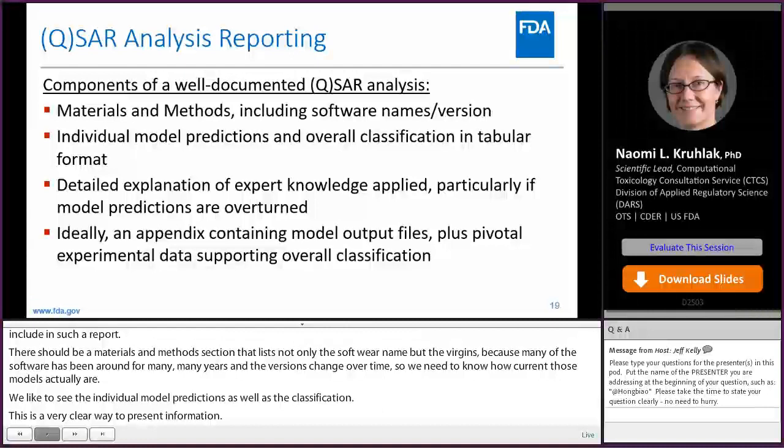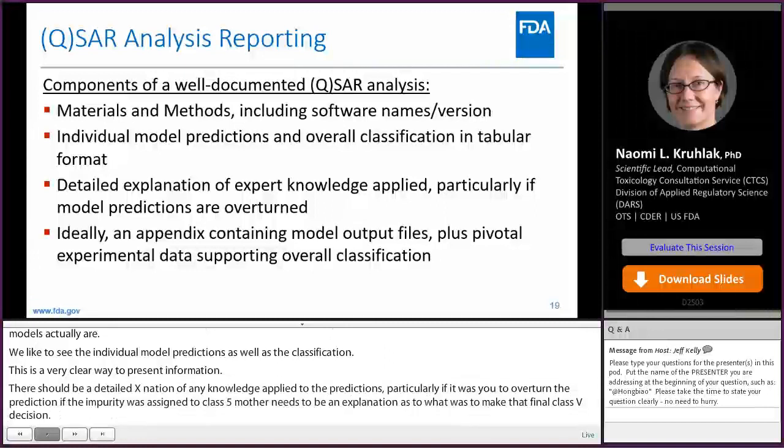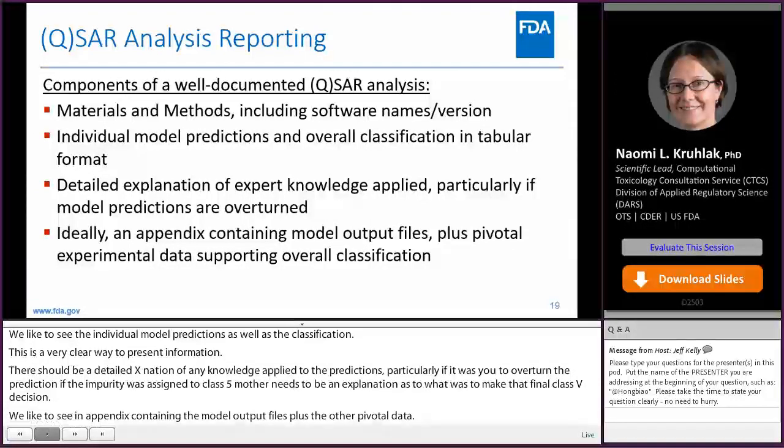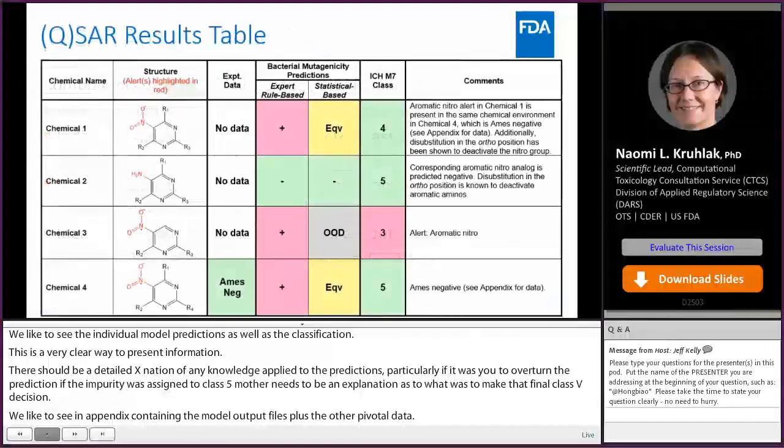And then ideally, we like to see an appendix containing the model output files, plus any other pivotal data. The model output files are just very helpful because they can allow us to see whether the models were interpreted appropriately, as well as other details that might otherwise not be available.